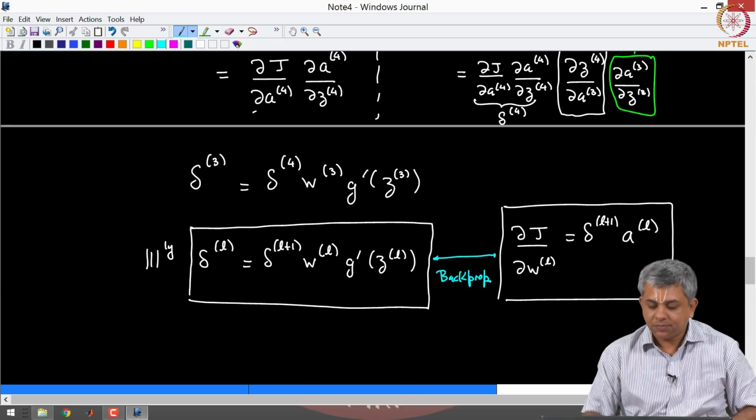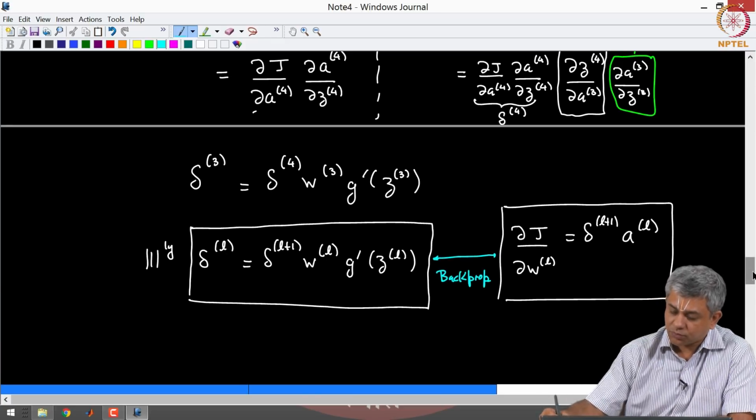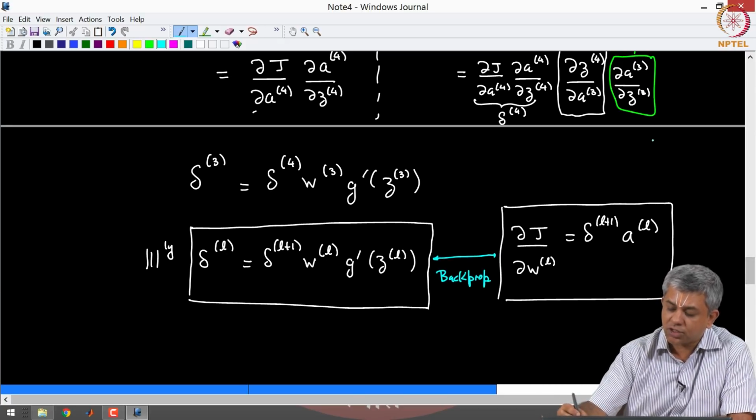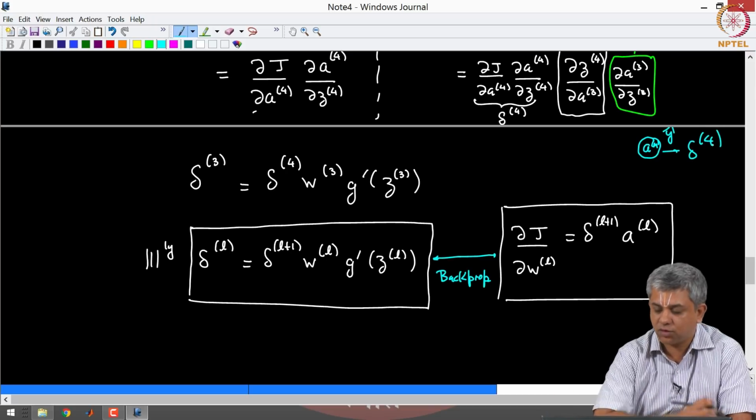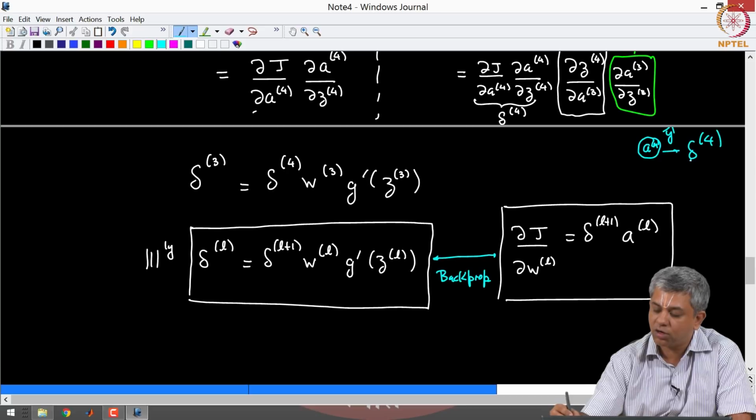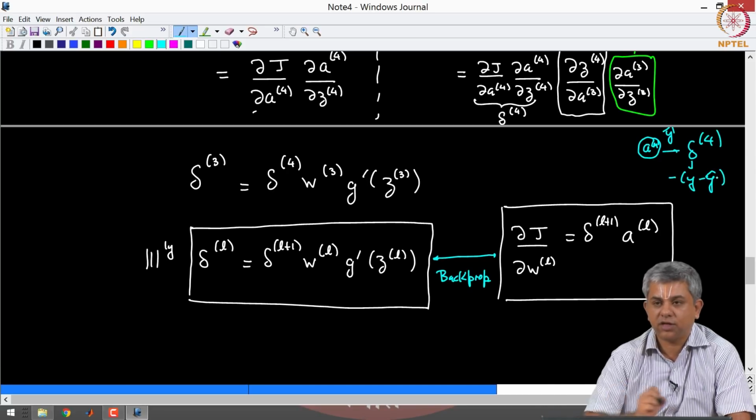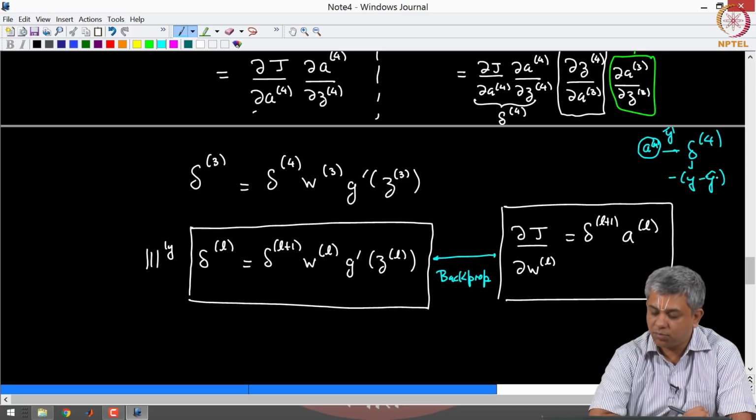How is that? It is very simple. In this network, you start with the last layer, which was the A4 or the y hat layer, calculate delta 4 there. In the example that we took, delta 4 was simply minus y hat, with the particular non-linearity and the cost function that we took.